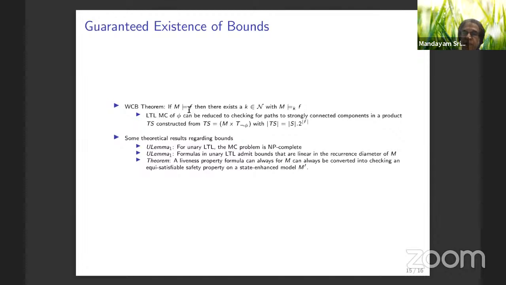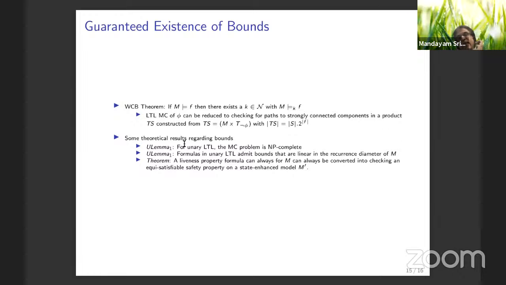If there is a path in M satisfying F, an infinite path, if F, the existential version of the LTL, is true for the model, then there exists a bound K for which F gets satisfied with bound K.